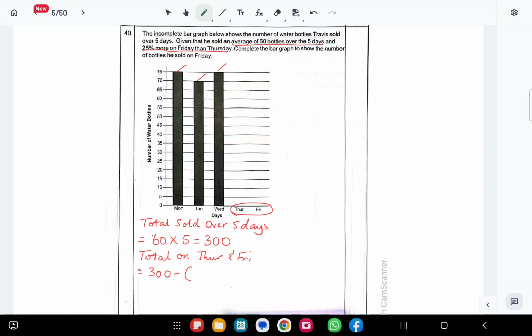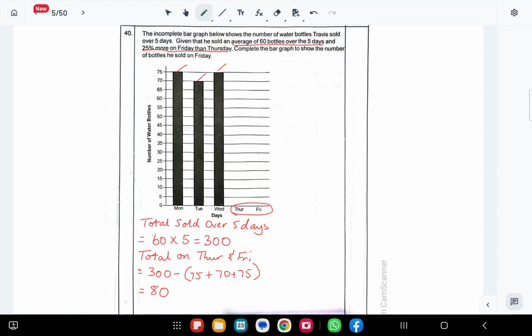Because we know when we add Monday, Tuesday, Wednesday, Tuesday, and Friday, we get a total of 300. Alright, so we add 75 plus 70 plus 75. Alright, so this will give us 220. So 300 take away 220, that will give us 80.